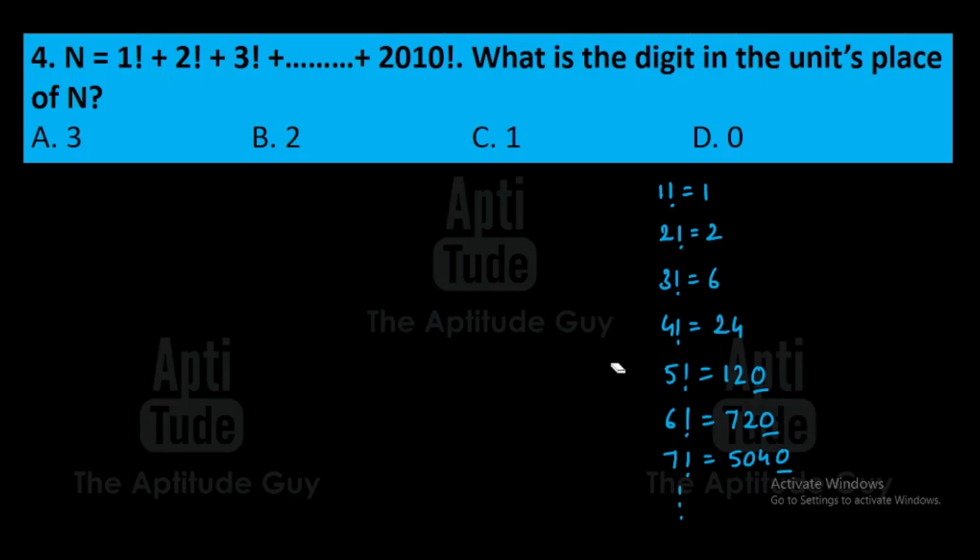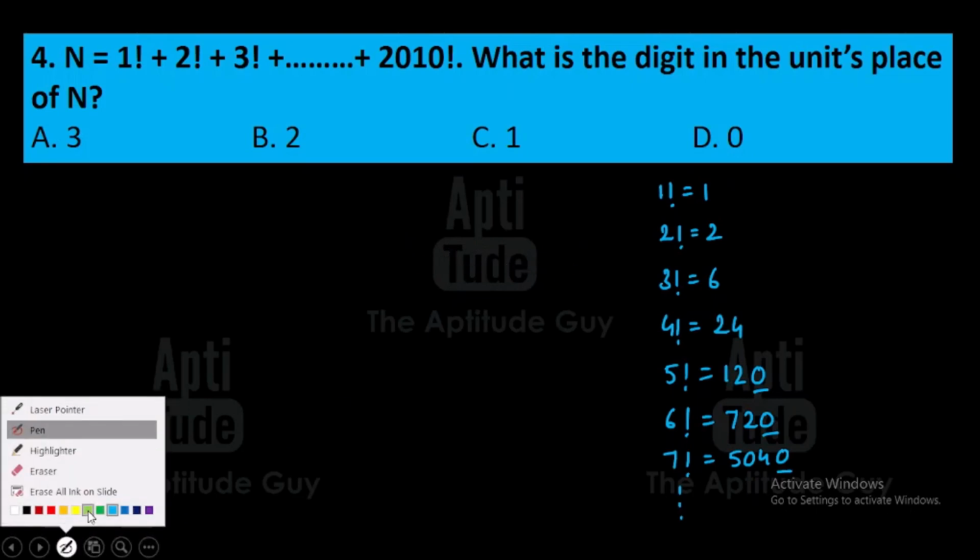Why does that happen? Like I said, 5 factorial is 5 into 4 into 3 into 2 into 1. What is 5 into 2? 5 into 2 is 10. And then 10 multiplied with anything always ends with 0, of course. And after 5 factorial, every factorial has 5 into 2. That means every factorial has 10. And 10 into any natural number ends with 0. So what does that mean?